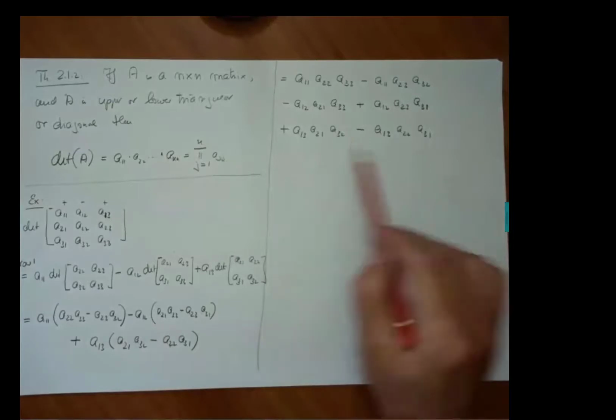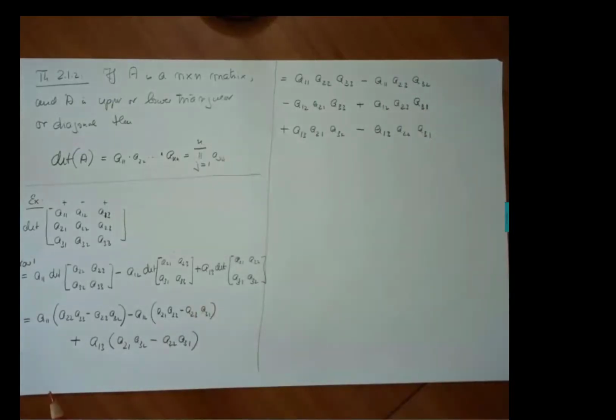So this is in general the formula for a 3 by 3 determinant. That will work for every 3 by 3 matrix. But once you see this, and I guess you need to look at it long enough, suddenly you see a pattern.